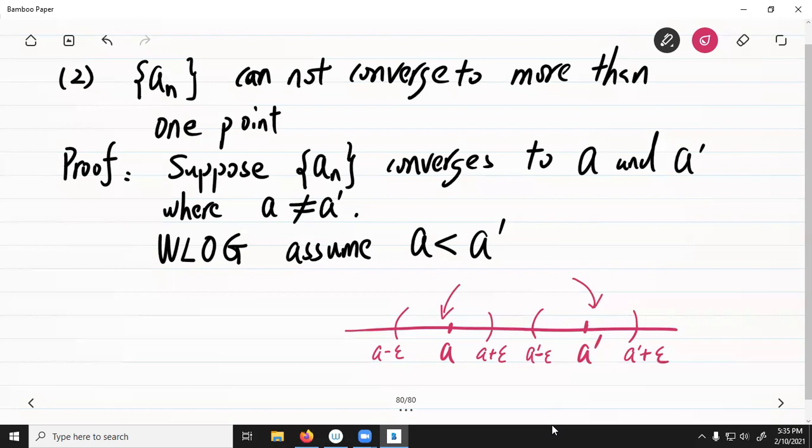If you choose an epsilon where they have common parts, we cannot say that, right? You can always have some points inside both intervals at the same time. But if you choose epsilon small enough, then we can separate these two intervals.